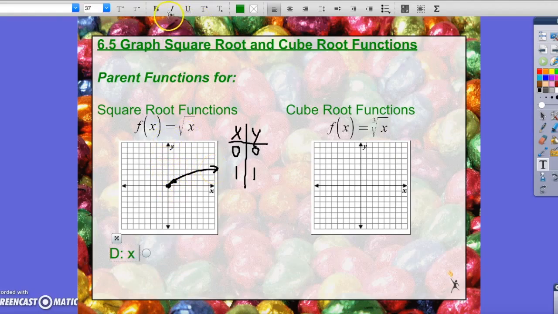So x is greater than or equal to 0. And we talked about things like that when we did domain back in section 6.3. Now range is y. Y goes this way. It's horizontal, right? So where does it start? It starts at 0, just here, and we work our way up the positive direction. So it's y greater than or equal to 0.